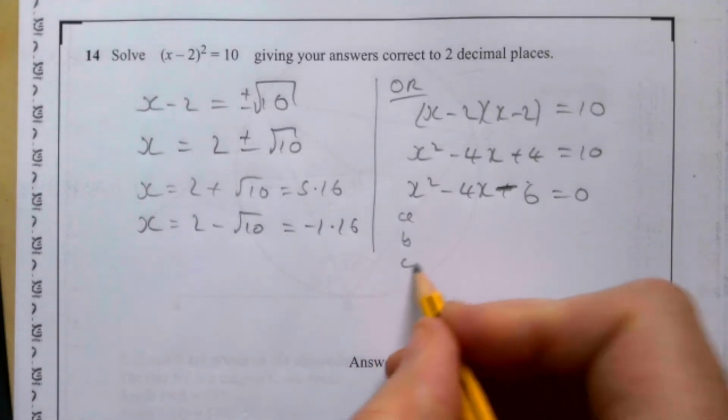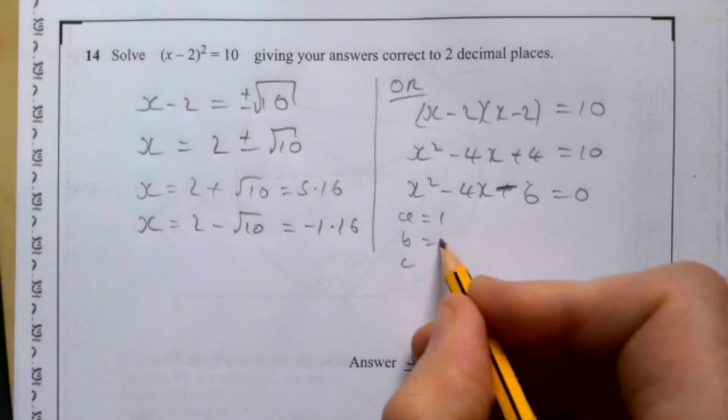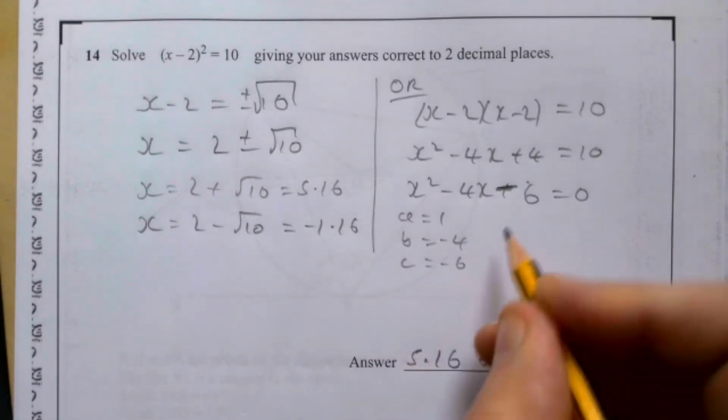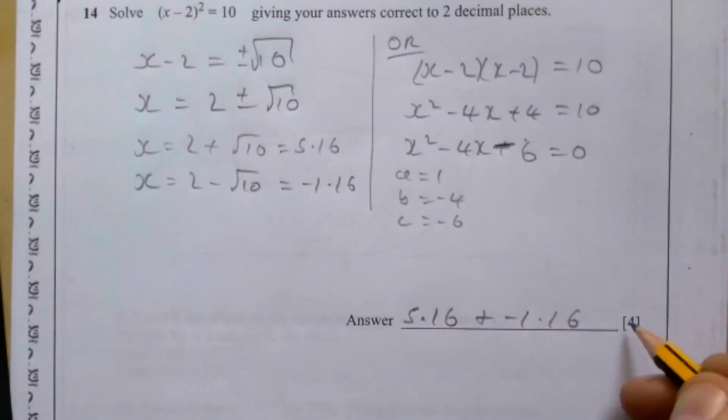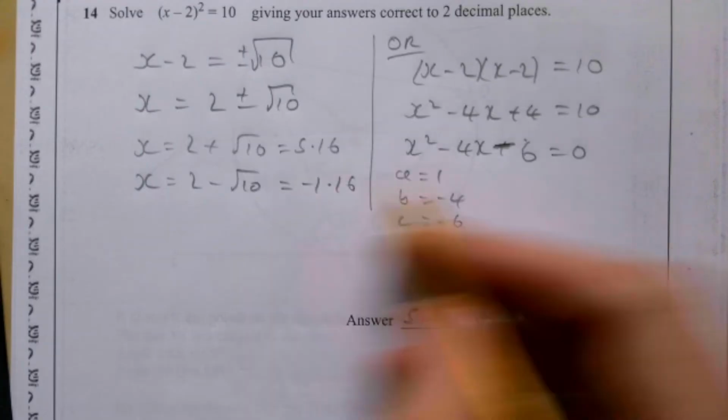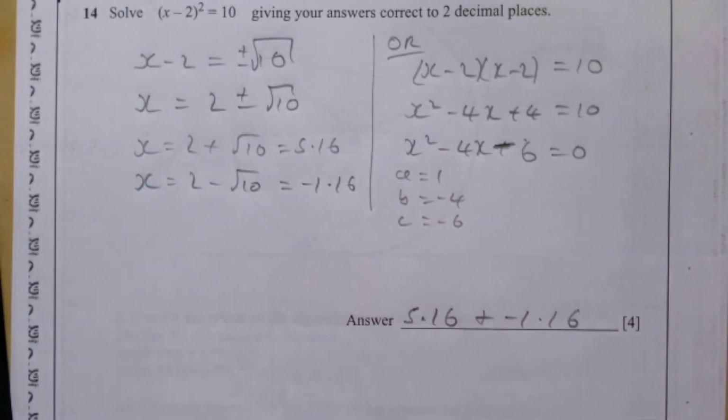So we do A, B and C, where A is 1, B is minus 4 and C is minus 6. You work your way through minus B plus or minus the square root, etc., and you would get exactly the same two answers coming out. Either of those two methods are totally fine for your 4 marks.